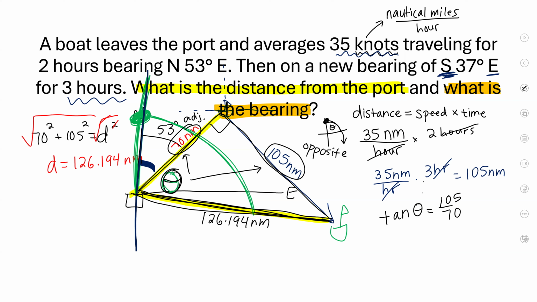If you want to find this angle, you're going to have to do tangent inverse. Let me do the math for you. I'll do the inverse of both sides, so tangent inverse, those cancel. So theta is equal to the tangent inverse of 105 divided by 70.